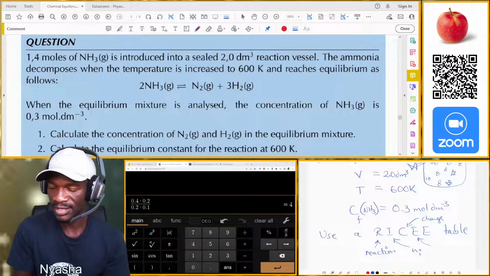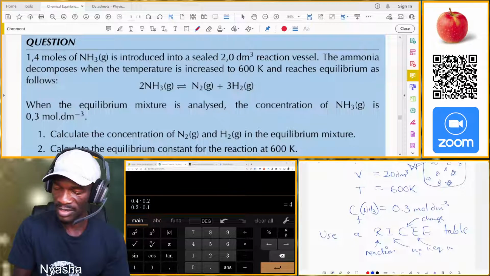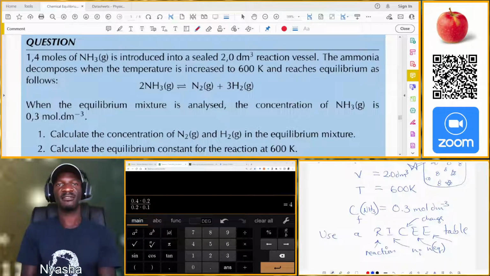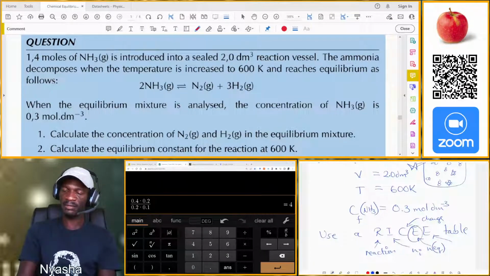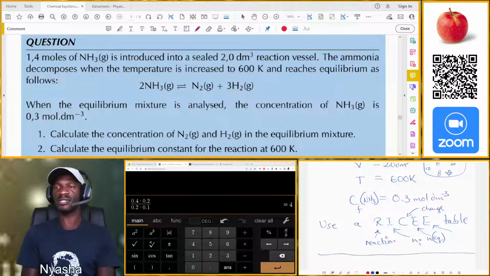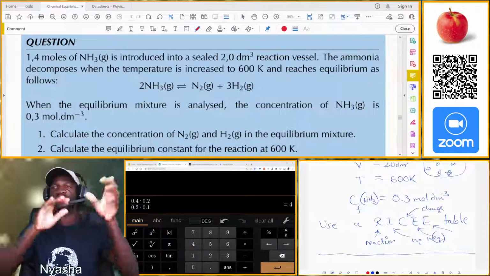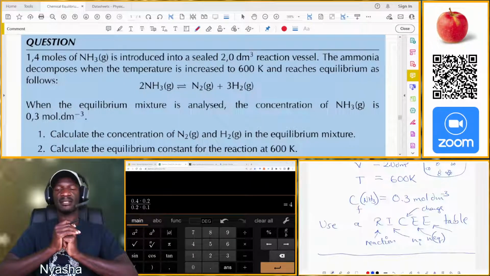Then the equilibrium number of moles, and then the equilibrium concentration. You can use this table format to answer such a question, which has a lot of numbers.